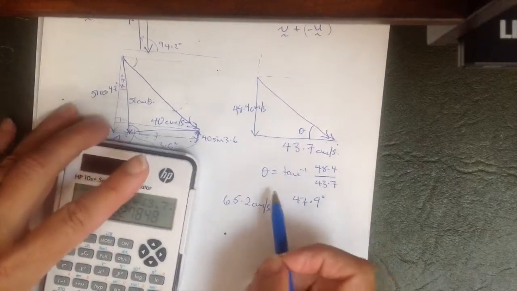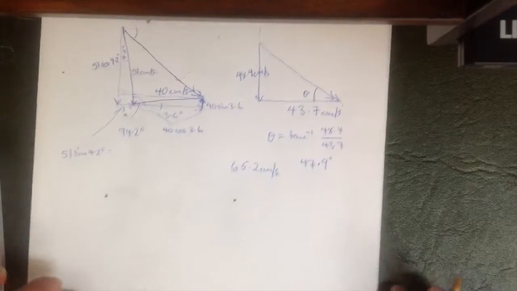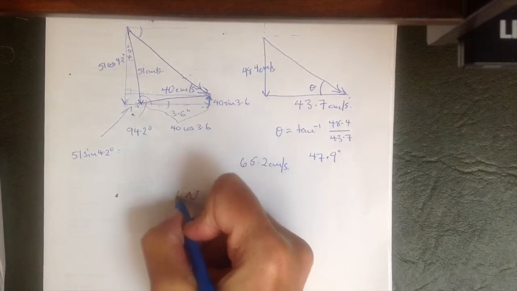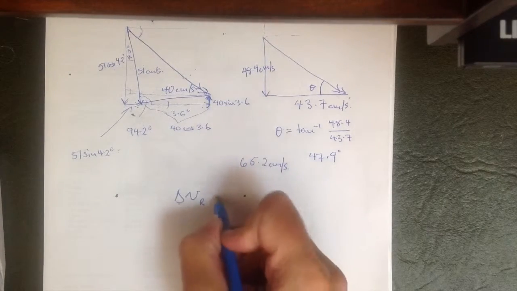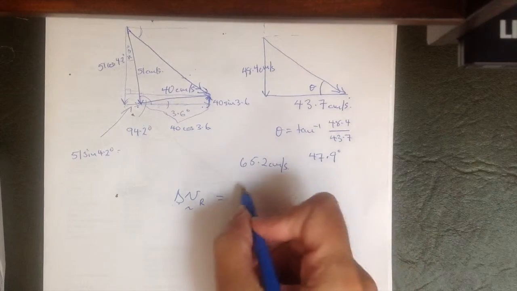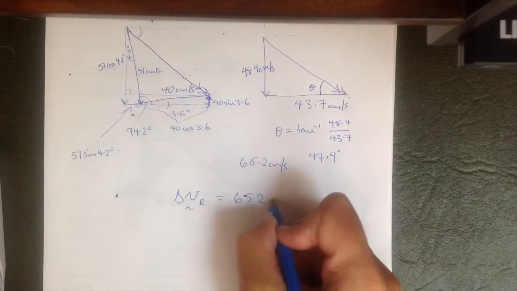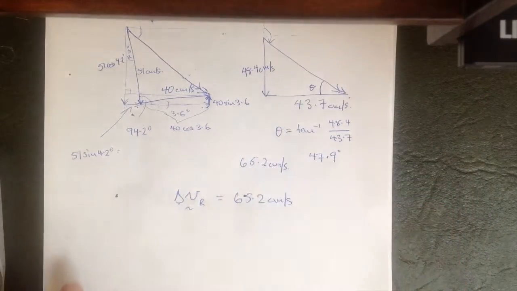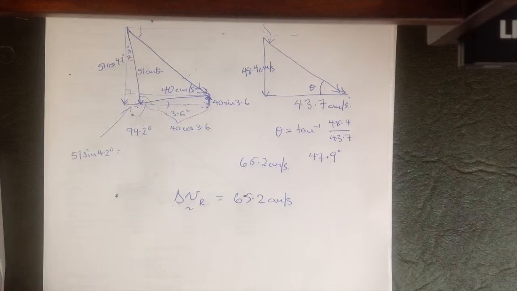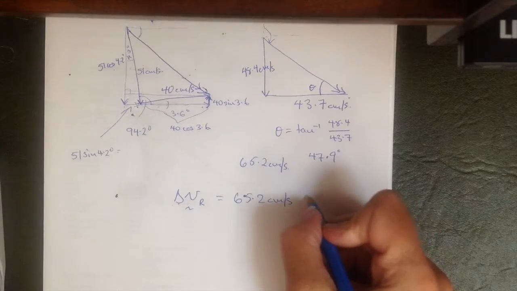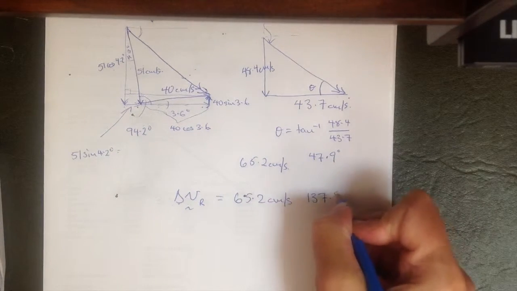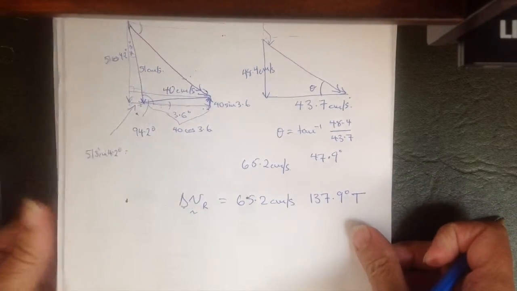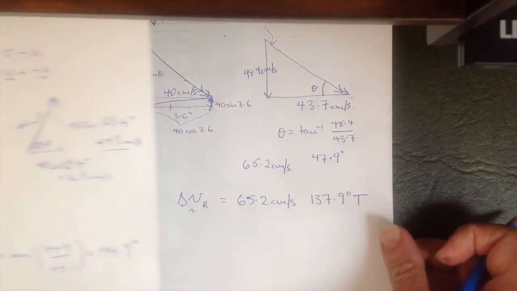So our final answer for our vector change in velocity red is going to be equal to 65.2 centimetres per second, and true bearing, so adding 90 to our 47.9, 137.9 degrees true. So just going back and comparing with the last one.